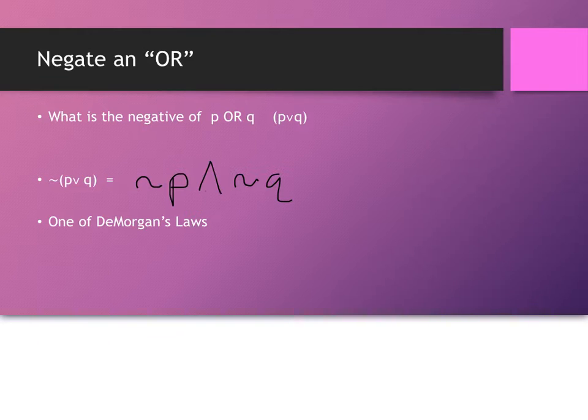You can draw this using Venn diagrams. Again, I'm going to skip that. But if I say not (P or Q), meaning both of them, that's the same thing as saying not P and not Q.